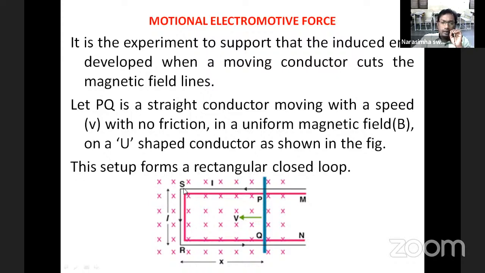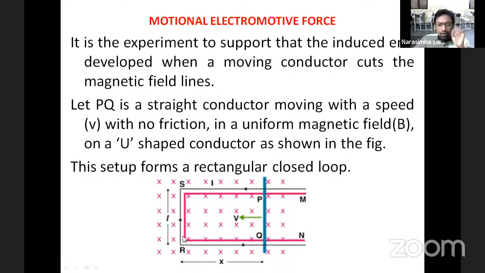Now the whole setup is kept in a uniform magnetic field. You can see all the crosses here. All the crosses mean the magnetic field is directed inside the paper or inside the board. Magnetic field, capital B, uniform magnetic field. So the whole setup is kept in the uniform magnetic field.